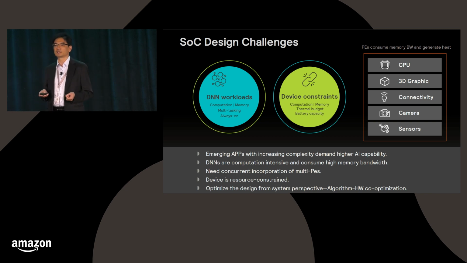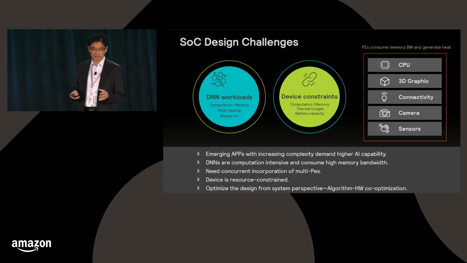However, these processing engines generate heat and consume memory bandwidth. So actually, the requirement is very demanding. However, a device is inherently very resource constrained. So you can see the design of edge AI SoC is becoming more and more challenging.